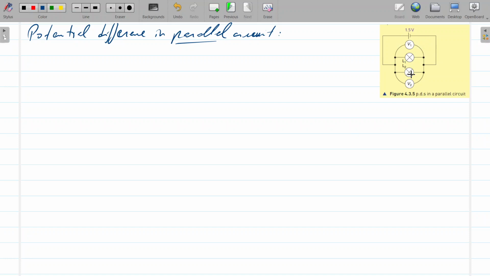And you've got 2 voltmeters over here, V1 and V2, and this whole thing is connected to a 1.5 volt cell.